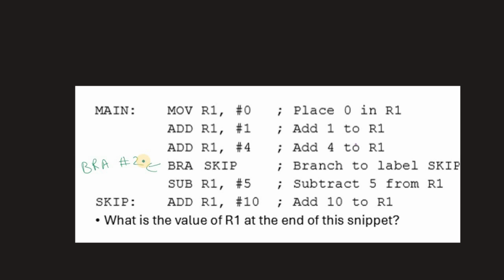We cannot encode labels in actual machine code, so the assembler does the computation for us. If you go ahead and ask me the question, why branches 2 bytes, why 2 bytes?